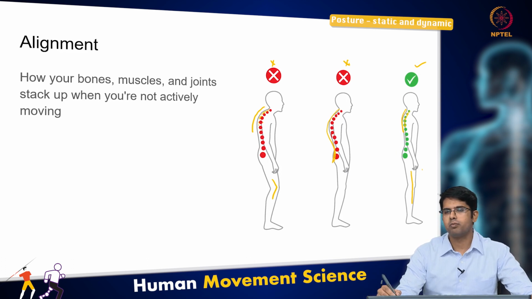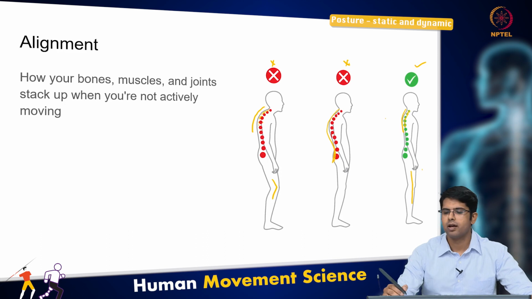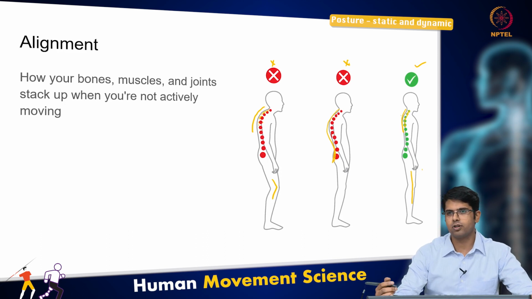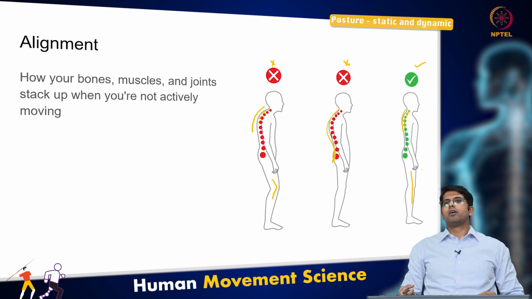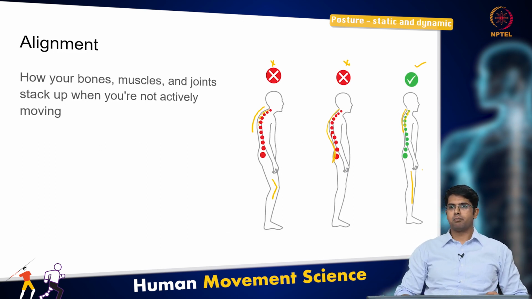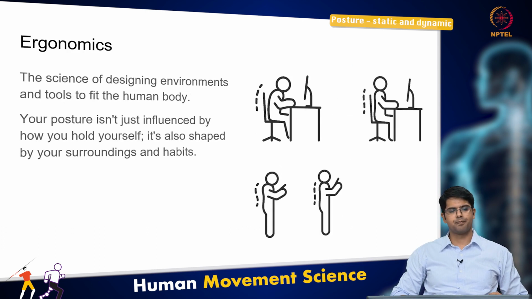So your muscles are not in a constant state of stretch, but they are at their normal lengths. And these bones are transferring the load from the upper body to the ground. So this is an example of a good posture. When you're slouching forward, that is bad posture. So alignment matters.